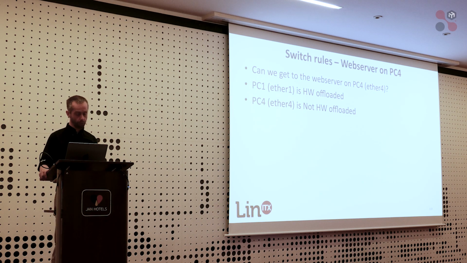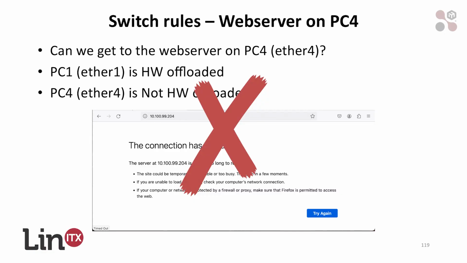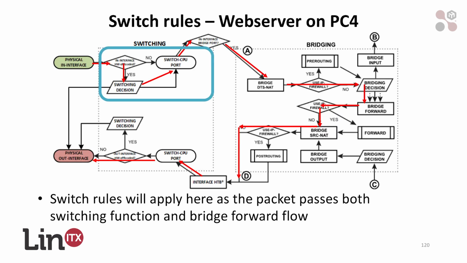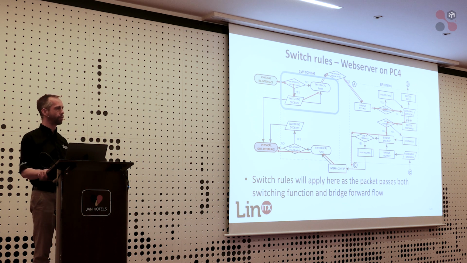PC4 is now on a non-hardware offloaded port as before. And I still cannot load my web server because I have gone through the packet flow, and this time was blocked. That one, PC4, was blocked with both the switch rule and the bridge forward rule.